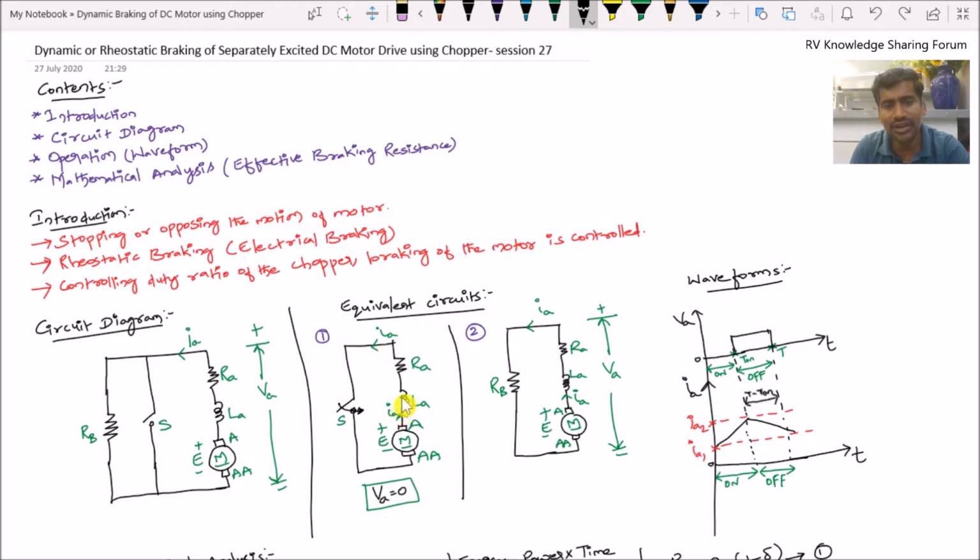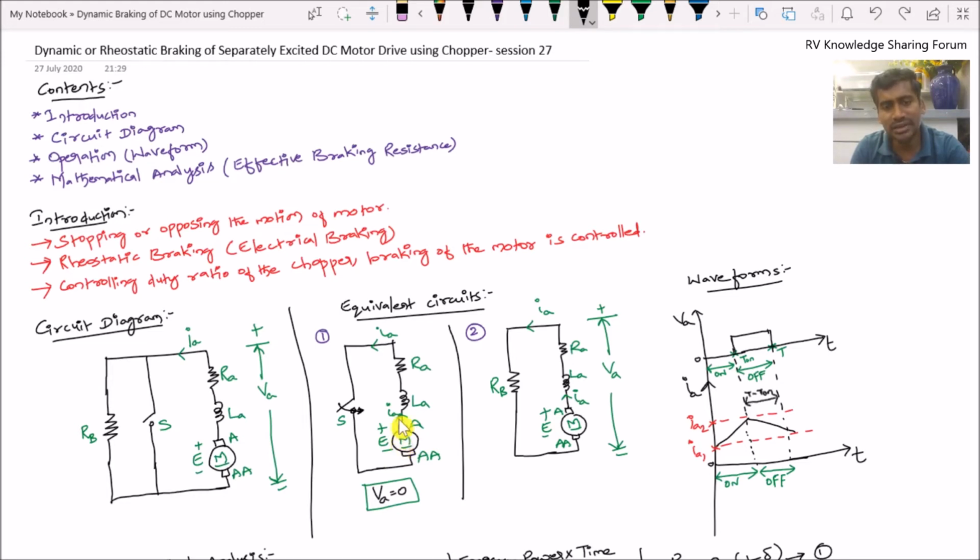At this time of operation, the armature current will increase. The armature current increases from the minimum level of current IA1 to the maximum level of current IA2. Here IA1 is assumed to be the minimum level of the current, and IA2 is considered to be the maximum level of the current. This armature current increases because mechanical input energy is being given, and the motor, as we discussed earlier, is trying to act as a generator, which is feeding electrical output energy.